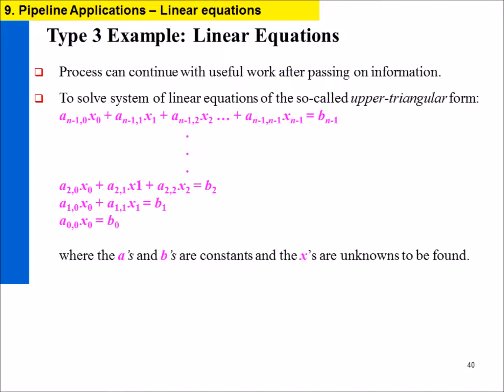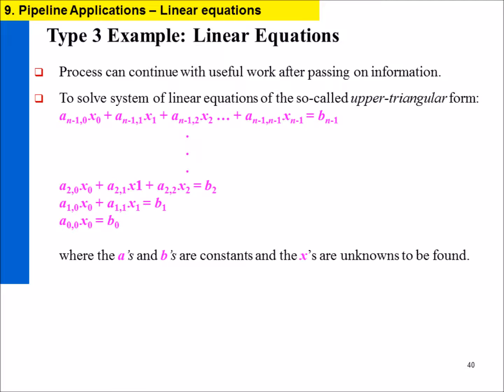So how does the back substitution work? Well, first the unknown x0 is found from the last equation, x0 equals b0 divided by a00. Then the value obtained for x0 is substituted into the next equation to obtain x1, as x1 equals b1 minus a10 x0, divided by a11.